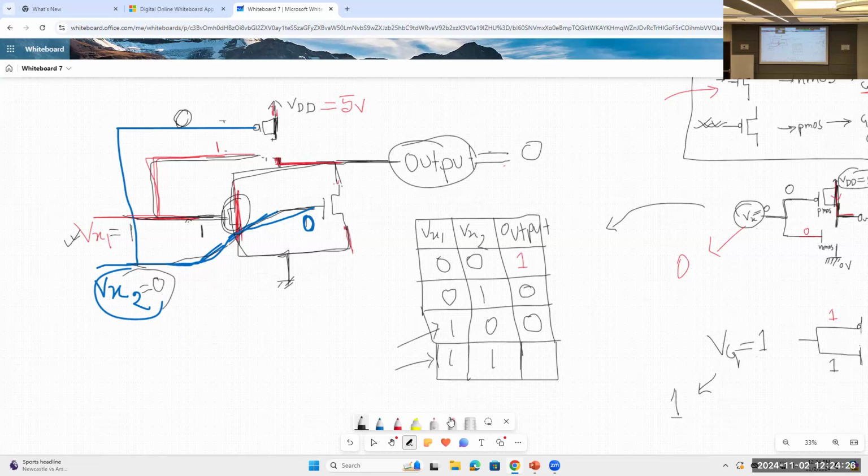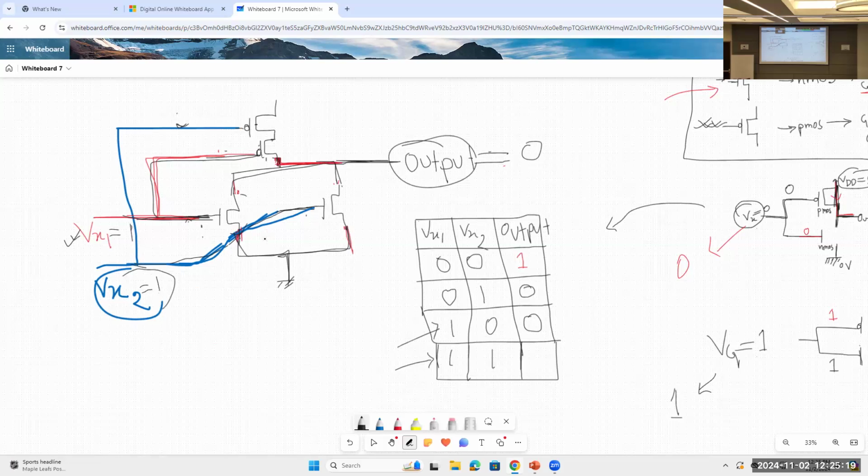So in this combination, Vx1 and Vx2 both will be 1.